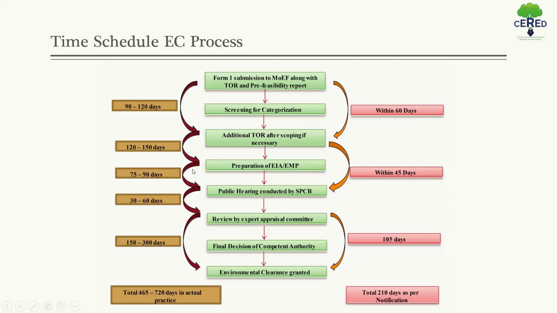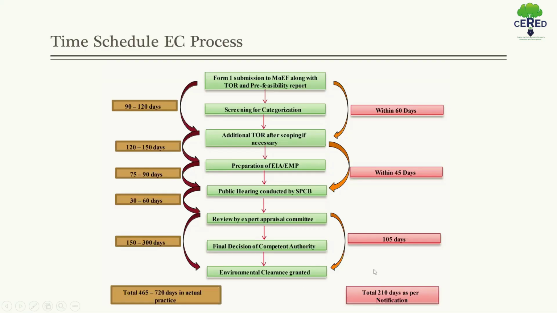After the preparation of EIA, the public hearing is conducted by the SPCB, and it takes 75 to 90 days. Then it is reviewed by the expert appraisal committee, with the final decision of the competent authority. After public hearing, the review of EAC and SEAC and the final decision of the committee takes 150 to 300 days in actual practice, but by notification it is done within 105 days, and then the EC is granted.